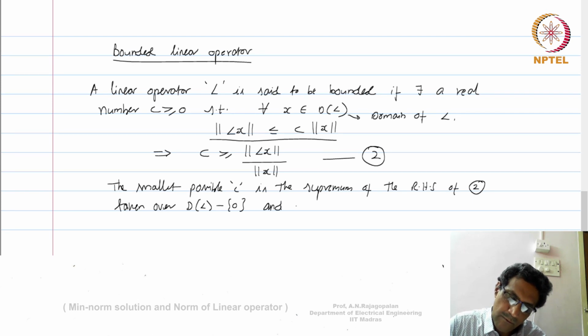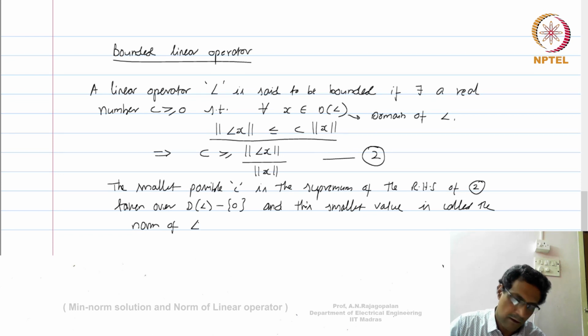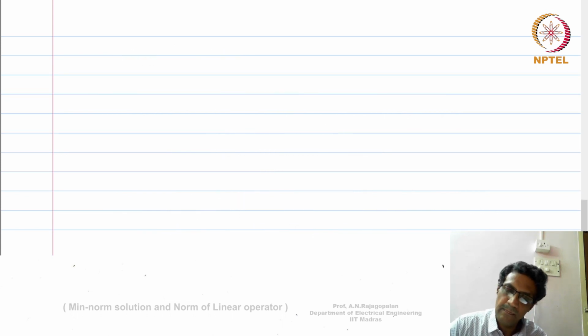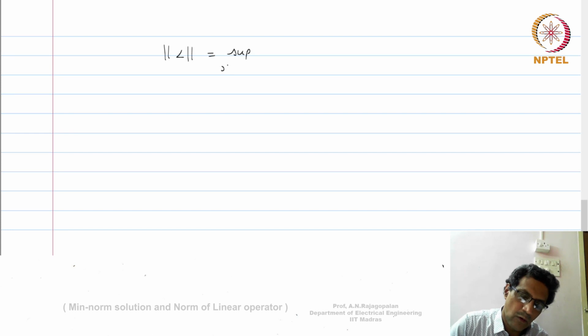This smallest value is called the norm of L, denoted by norm L. That is, norm of L is equal to the supremum over all x belonging to the domain of L, x not equal to 0, of the quantity norm Lx by norm x.